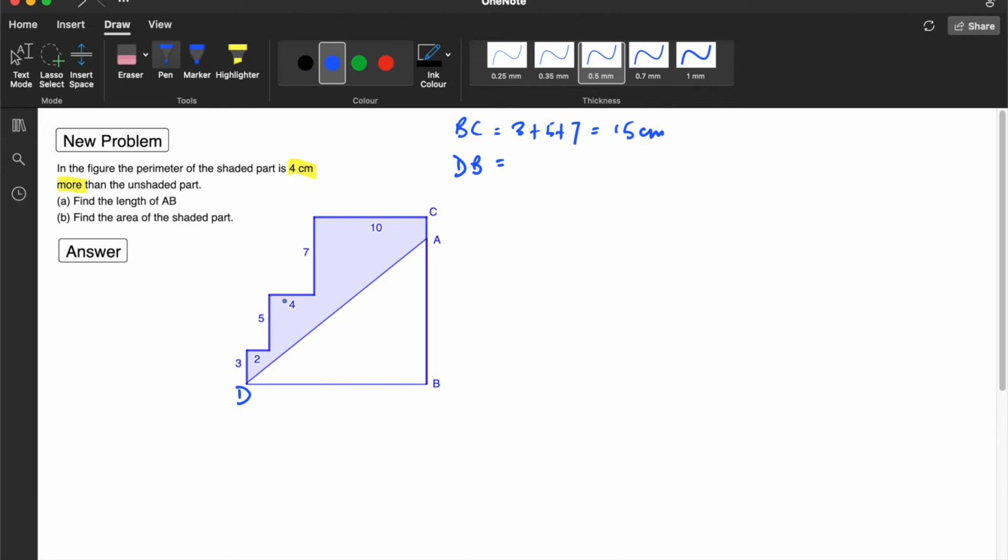It will be 2 plus 4 plus 10, all the horizontal lengths. That is 16 centimeters. So I can write it down here. This is 16 centimeters, and this BC is 15 centimeters. Now before we proceed, let's call the unknown AC here P.